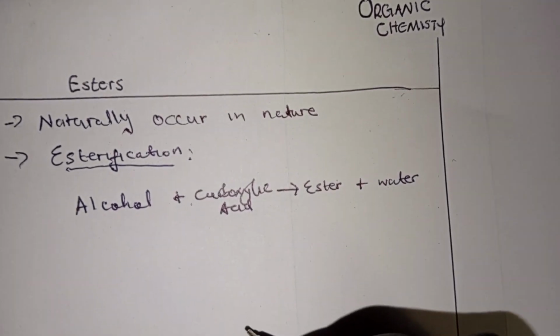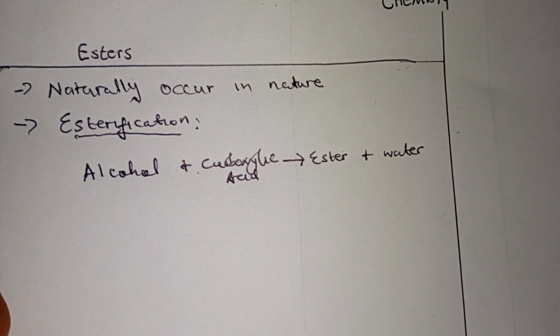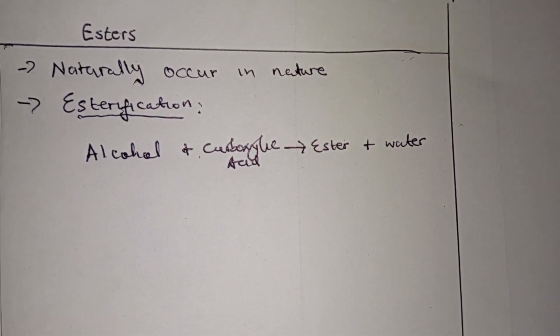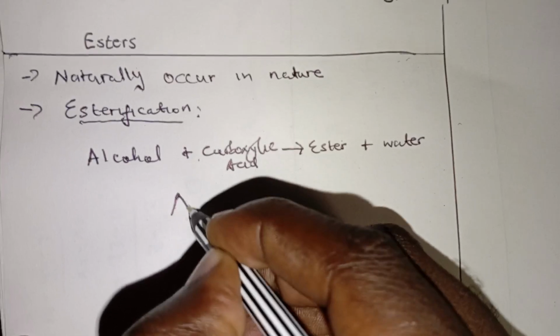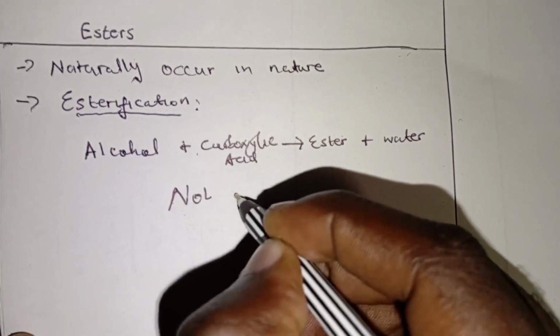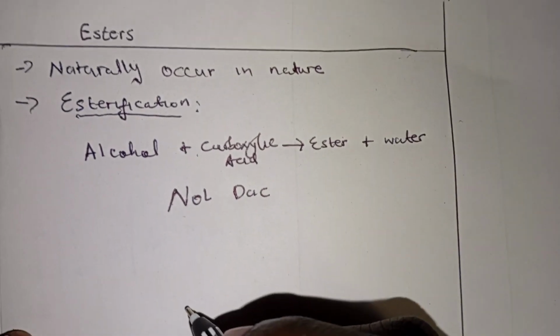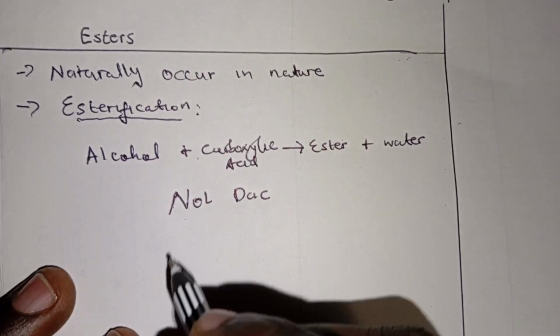Now, esters can be quite confusing, but I'll try to make them simple enough for you. All you need to know is to memorize this word here. You can read it as "no dark".